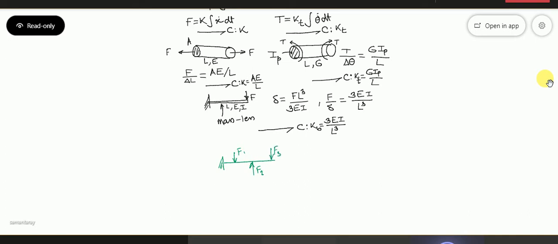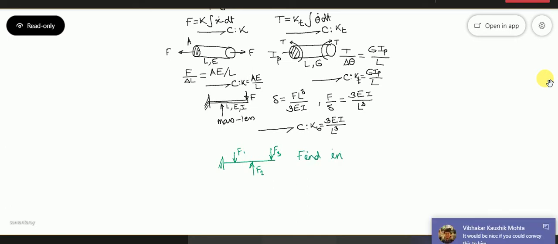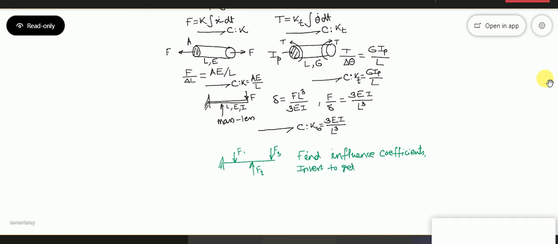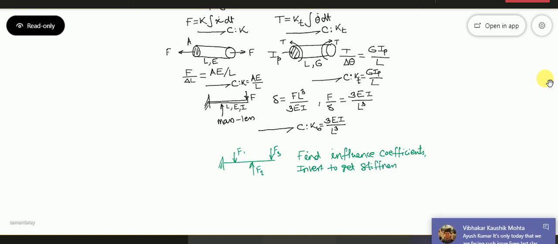Then what you do, you might have already read in your UG course, find influence coefficients and get the stiffness matrix.